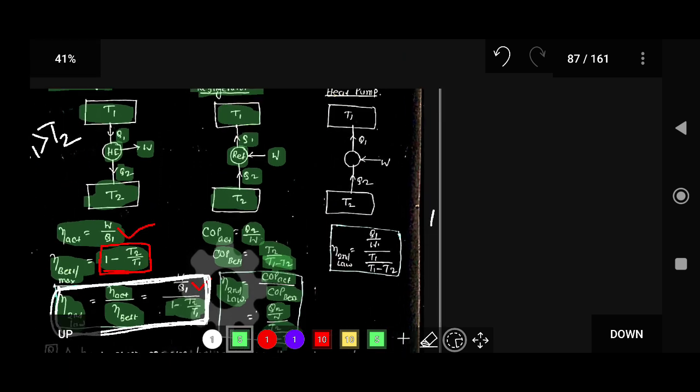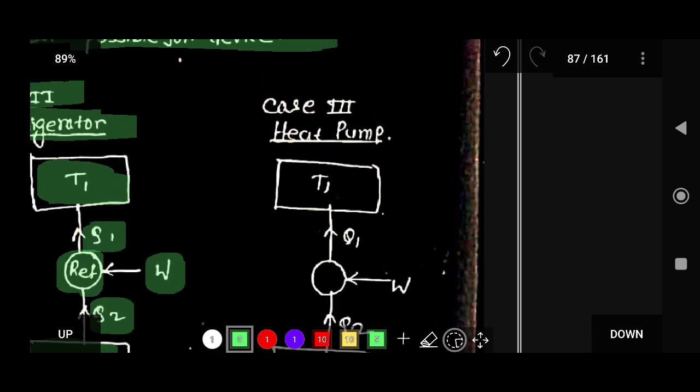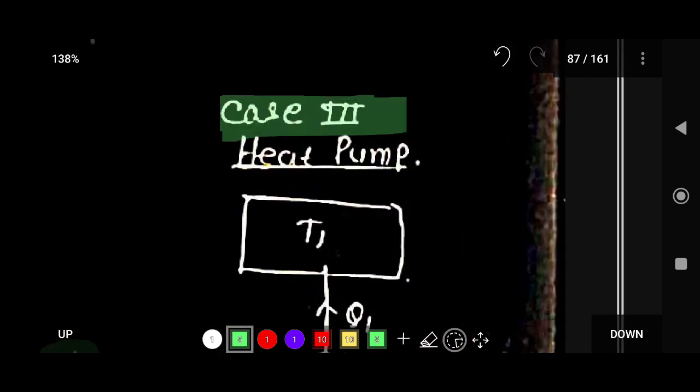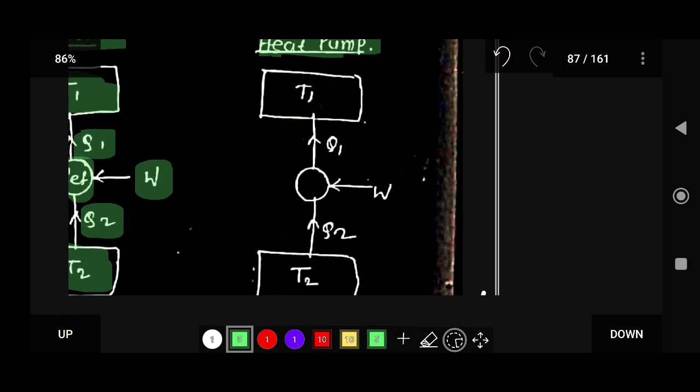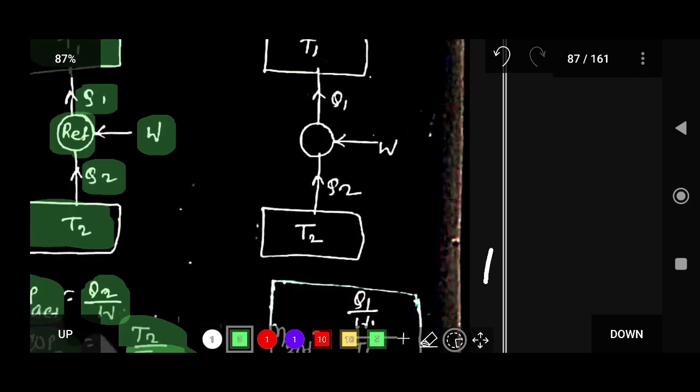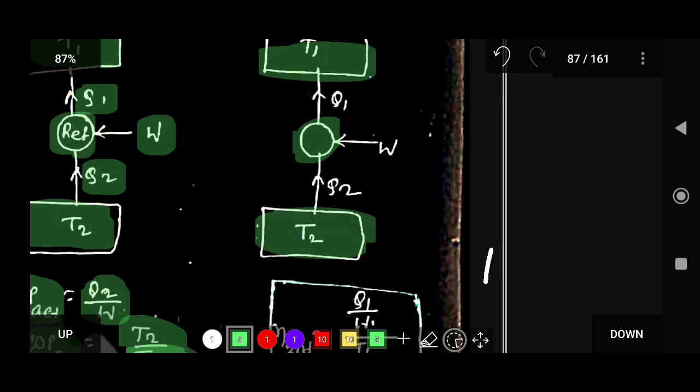Okay, now consider this is case 3, a heat pump operating between T1 and T2 temperatures. It basically absorbs Q2 amount of heat and W amount of work, and rejects Q1 amount of heat.